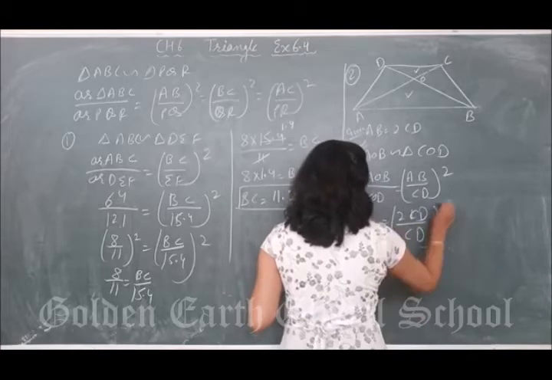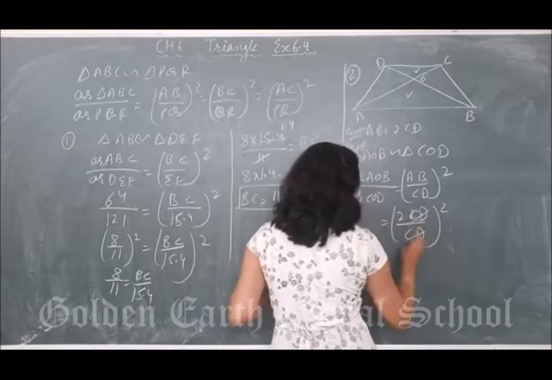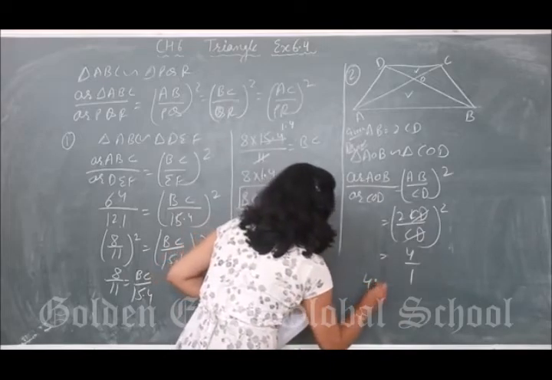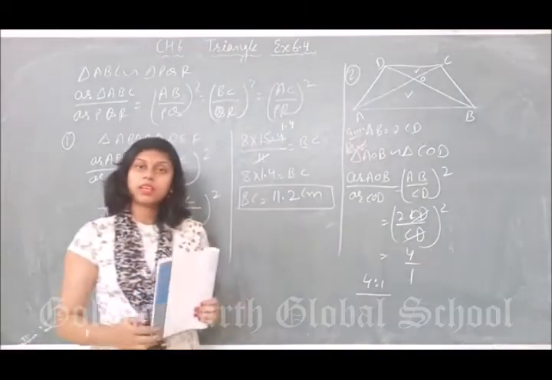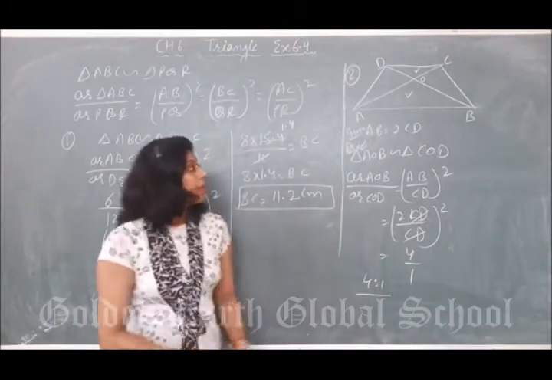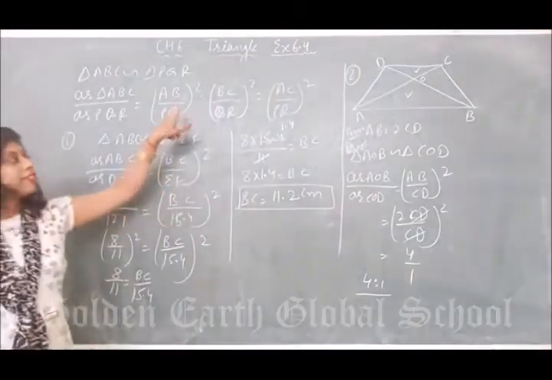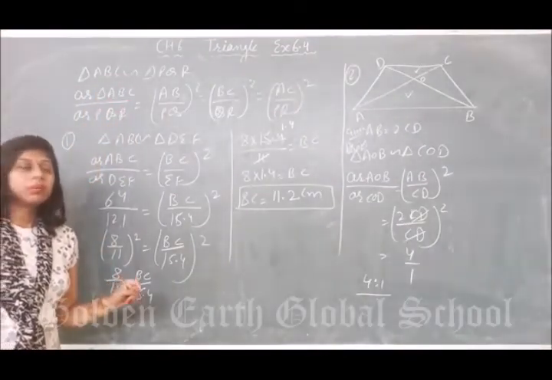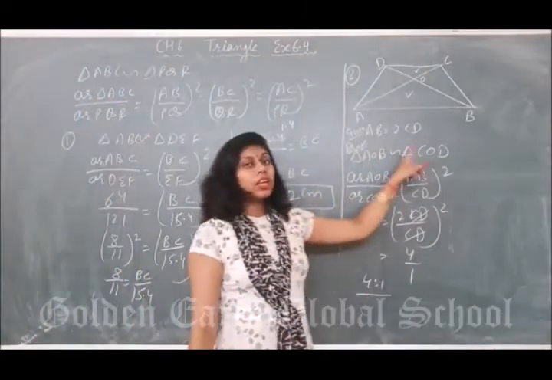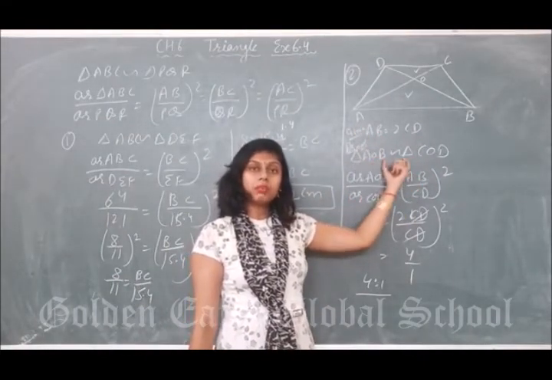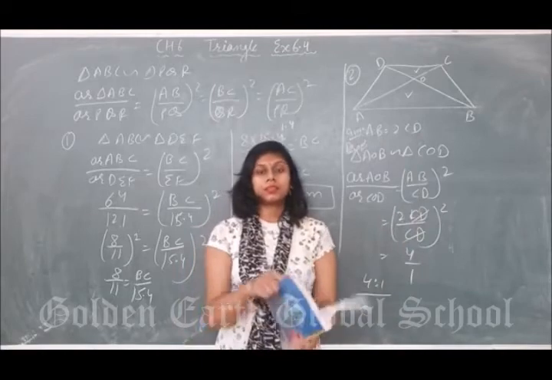CD will be cancelled. So 2 squared is 4, 1 squared is 1. So the ratio is 4 to 1. Clear? So to apply this result, first it should be clear that both the triangles are similar. Here similarity is not given, so first of all we will prove the triangles are similar, then we will apply the result.